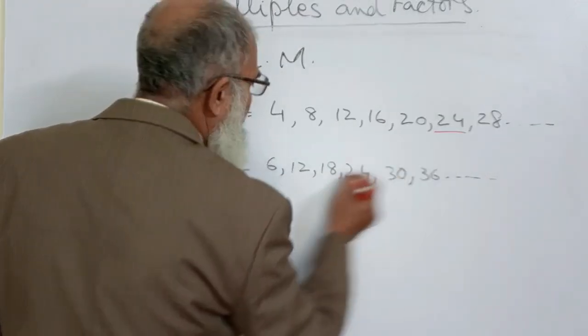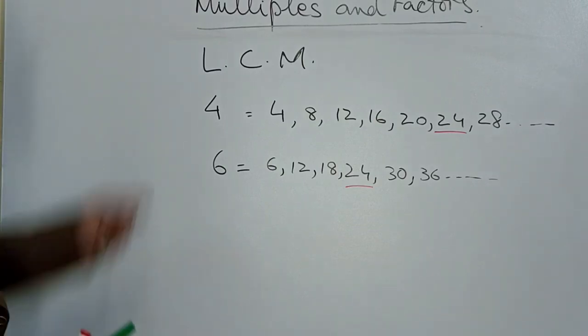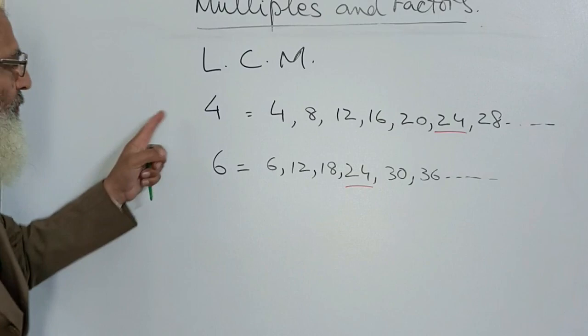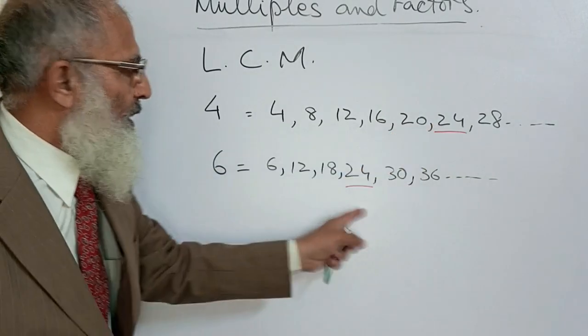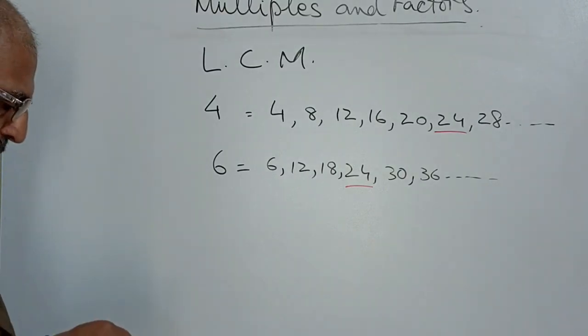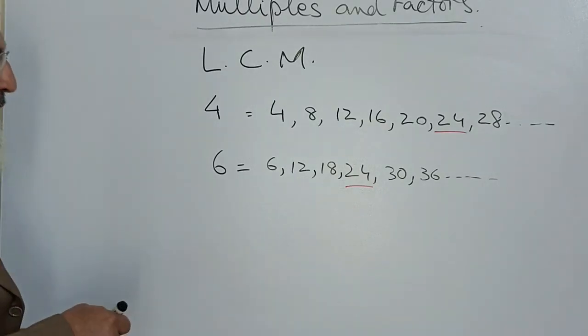So we can say that the lowest common multiple of the given numbers, 4 and 6, is 24. The common multiples may come again, but that will not be the lowest common multiple.